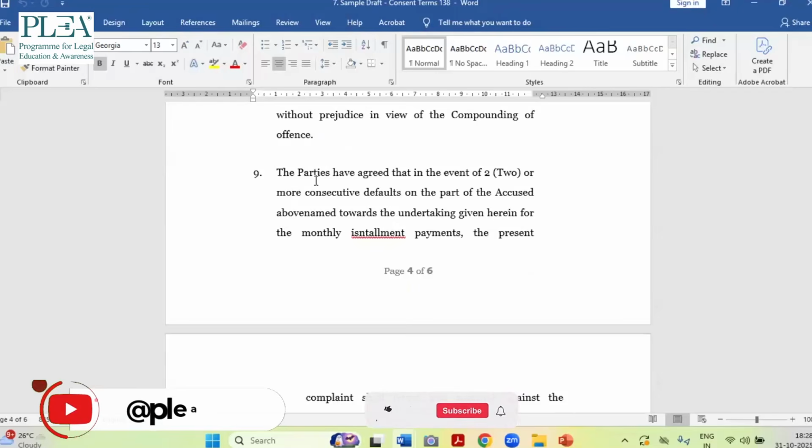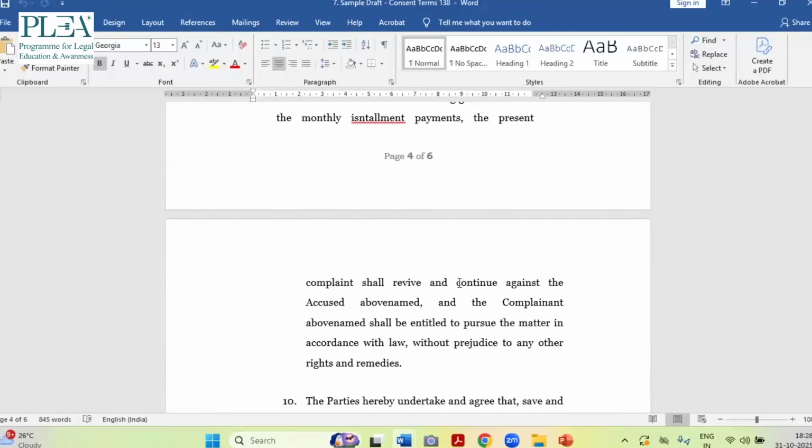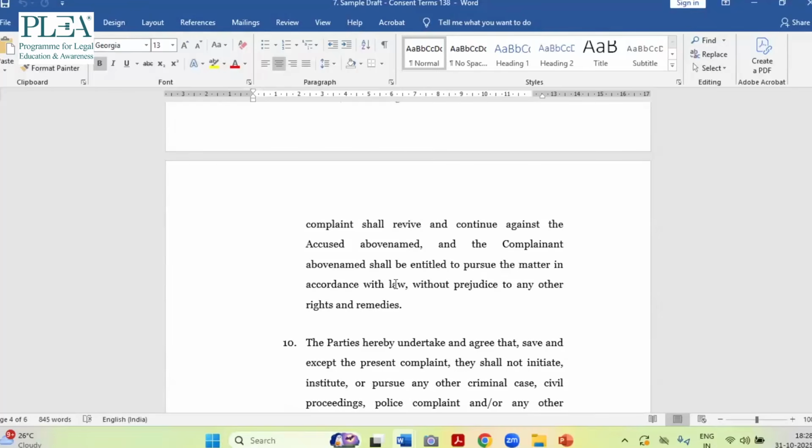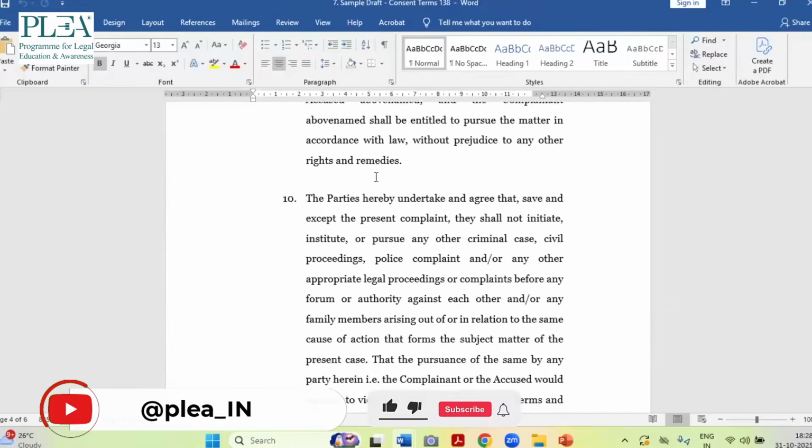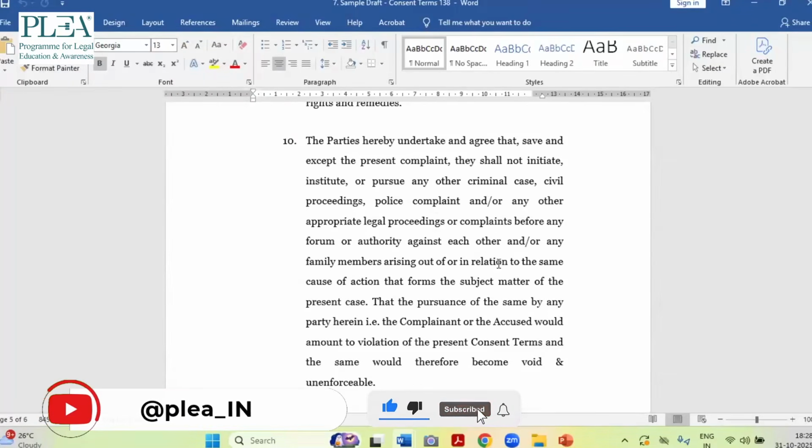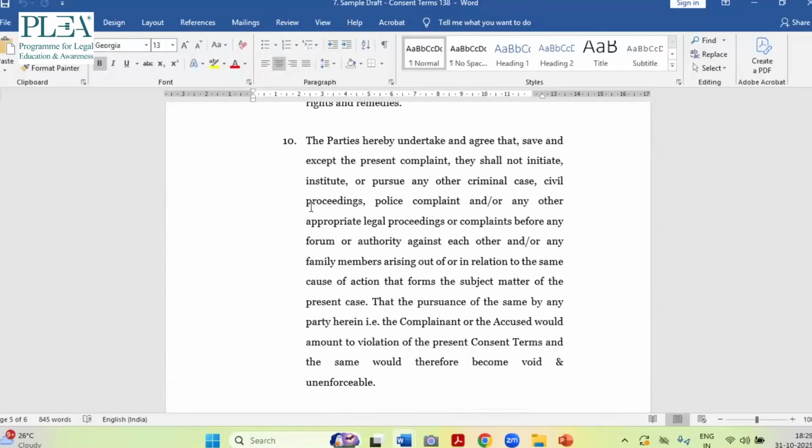As for the consequence of default, in case of consecutive defaults on the part of the accused, the main complaint case will be revived, and the complainant can proceed against the accused in the regular manner.